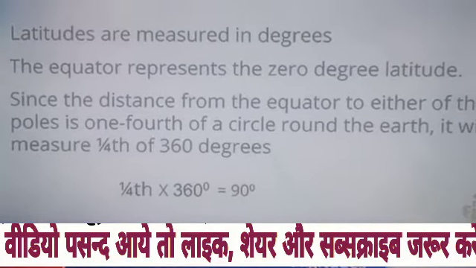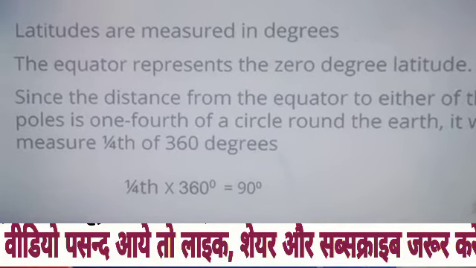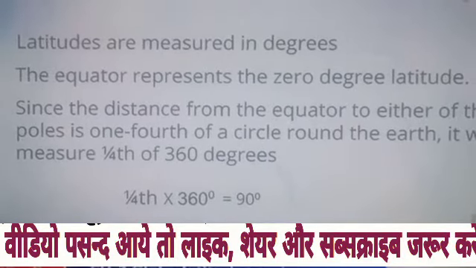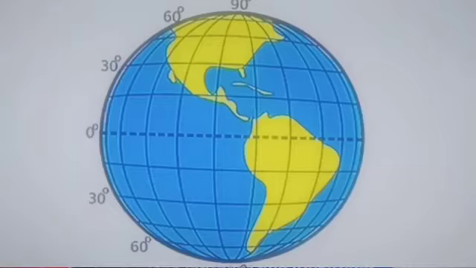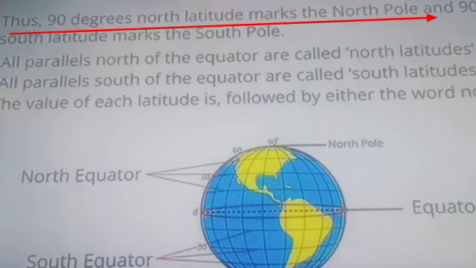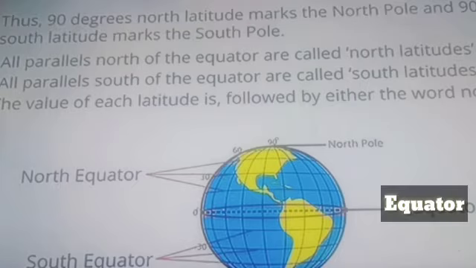And what is 1/4 of 360 degrees? It is 90 degrees. Thus, 90 degrees north latitude marks the North Pole and 90 degrees south latitude marks the South Pole.